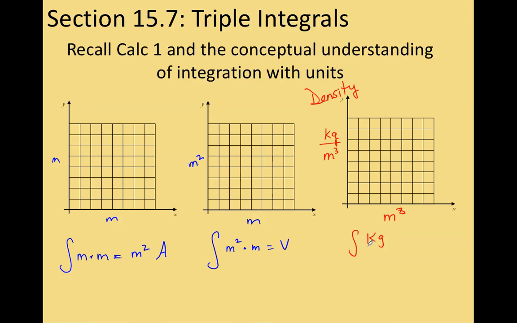When you integrate, you are still doing a product, and you get kilograms out of that. You get mass by integrating. So as long as your integrand is in units such that they will cancel out with your horizontal units, in this case, integrating density dV gives you mass.